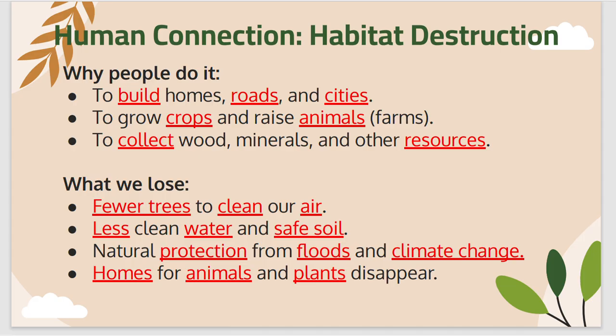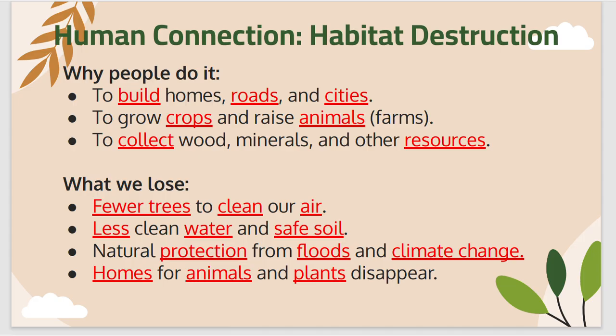So, for example, the Amazon rainforest has experienced a lot of deforestation for farms and to raise cattle. So a lot of trees have been cut down purely for the purpose of using that land instead for raising cattle due to the high demand for beef products throughout the world.